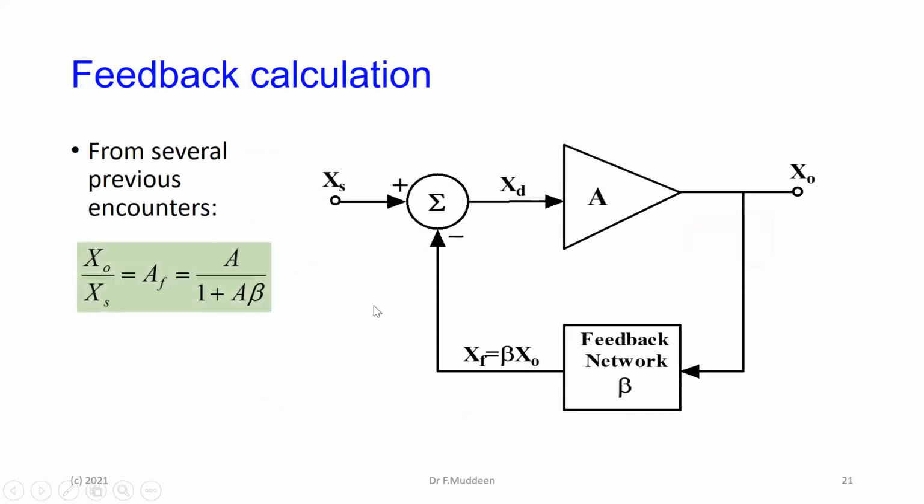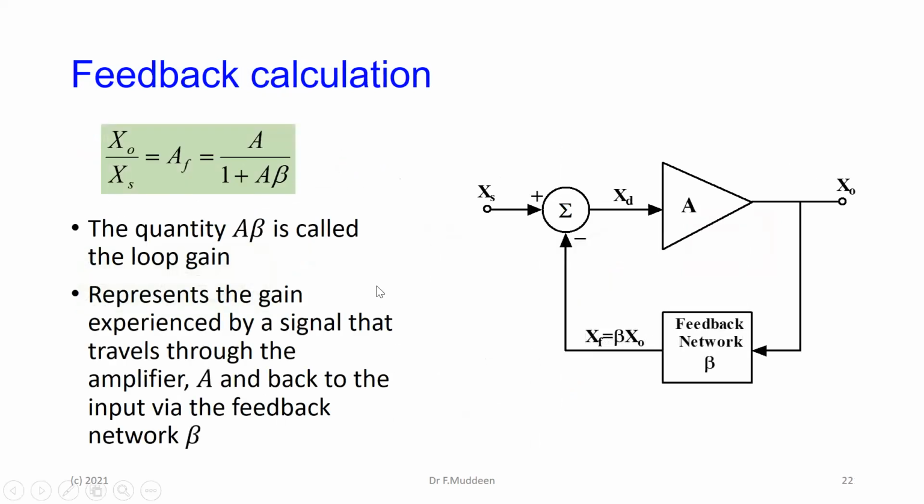All right. And of course, we know the feedback calculation here. We mentioned before that in signals we call this G and H. In electronics, the terminology used is A for the amplifier gain, and the feedback network gain is beta.